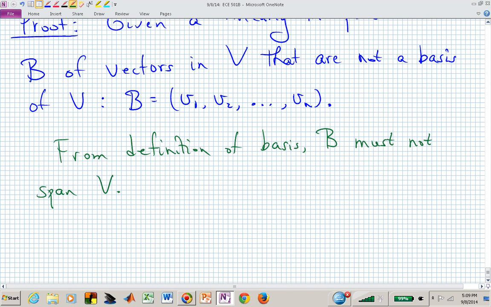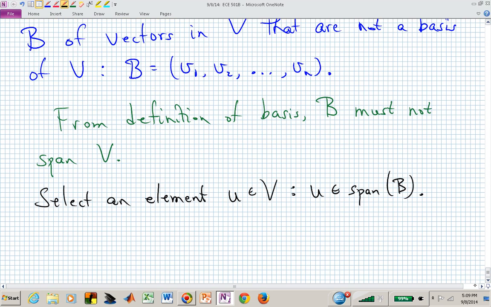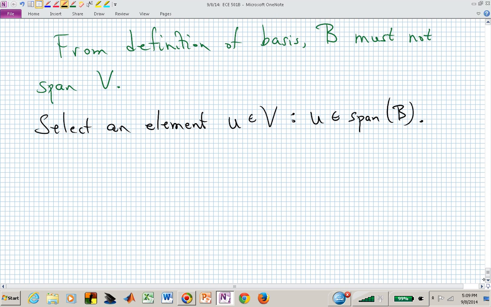So now, if that's the case, let's select an element, let's say U, that's in the vector space V, such that U is not contained in the span of B. So now think in very basic terms. Let's say that V is a three-dimensional space, R3. And now I've given you vectors that are linearly independent.